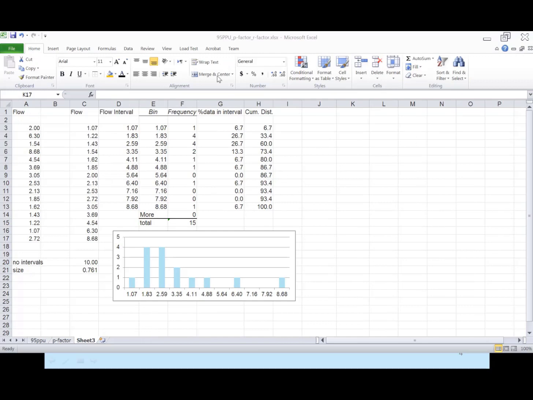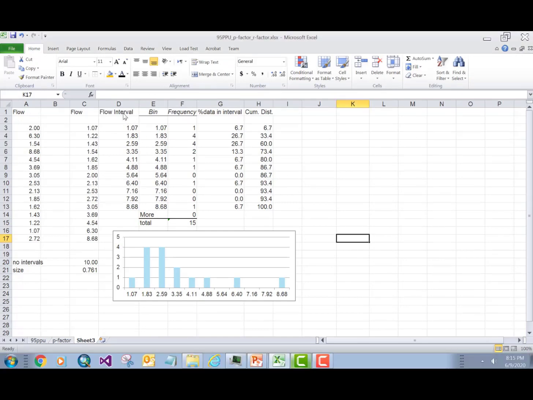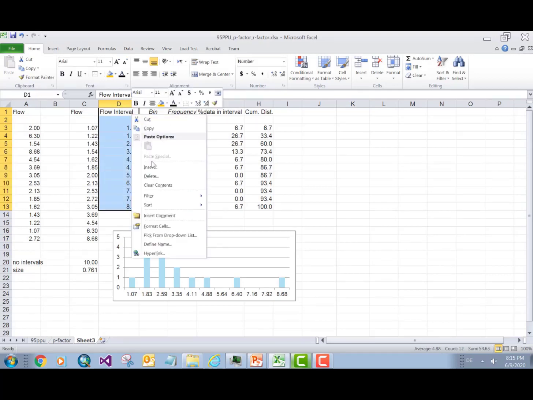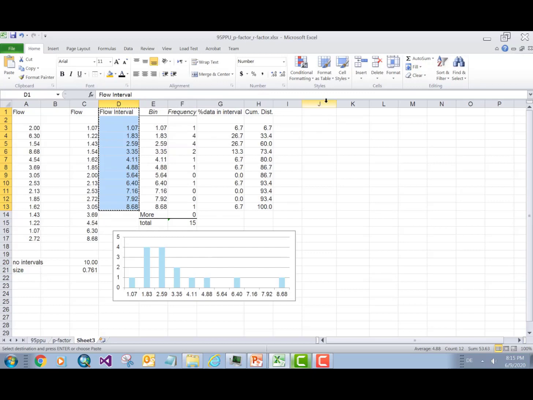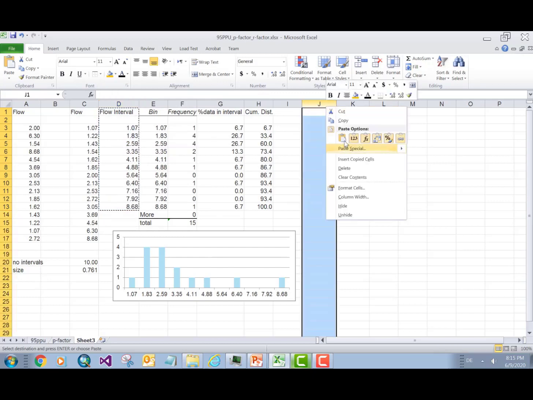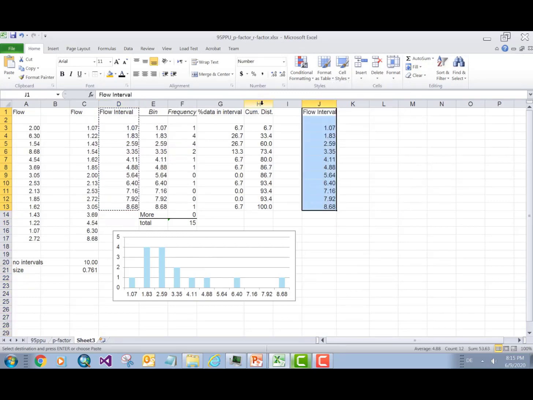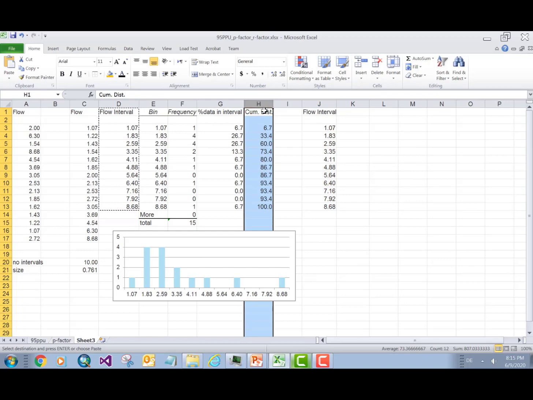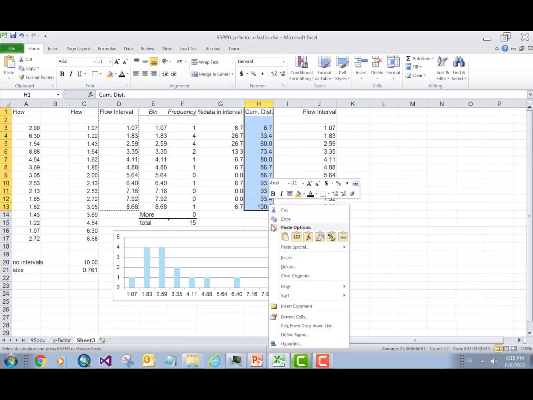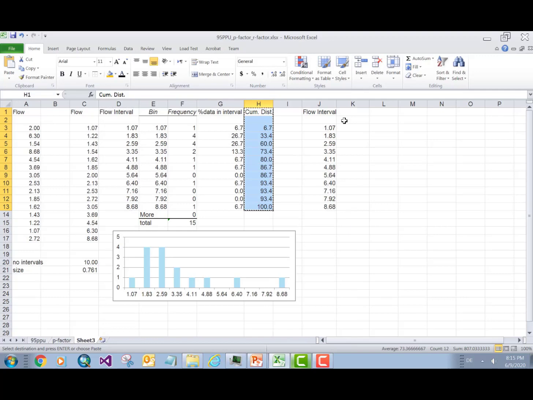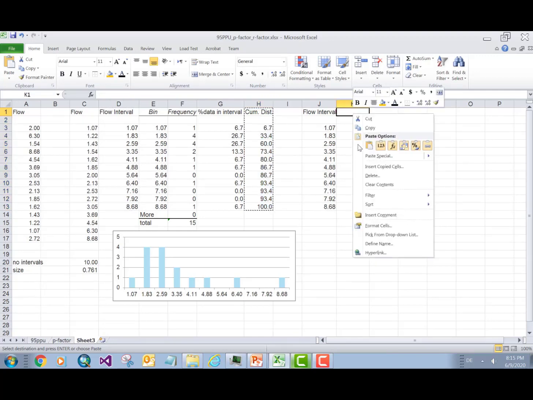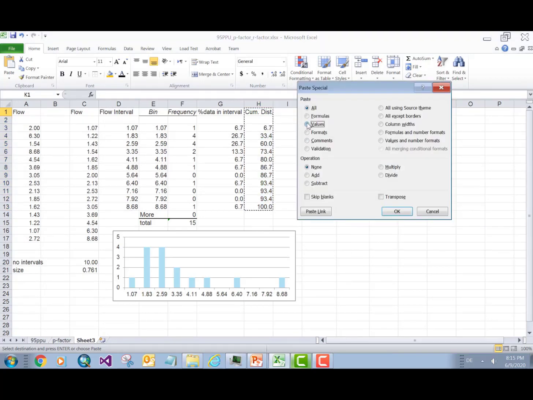All right, so now let me put my data together here. I have my flow interval, and I have my cumulative distribution, so I can plot them. Let me paste as values.